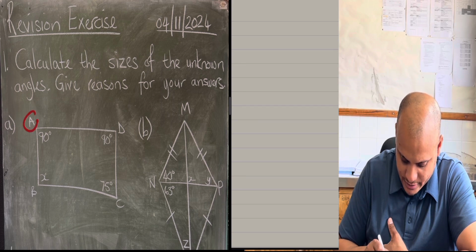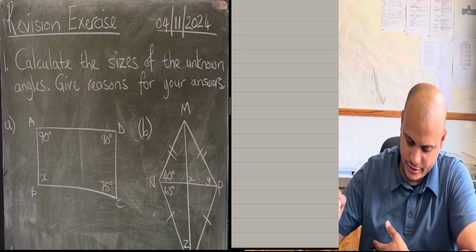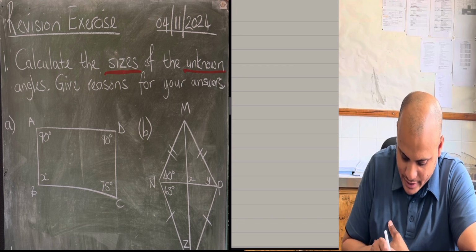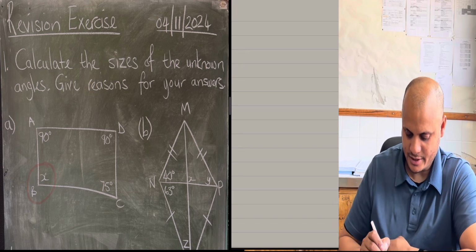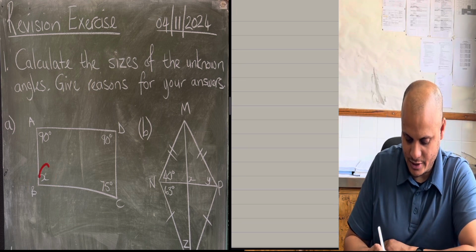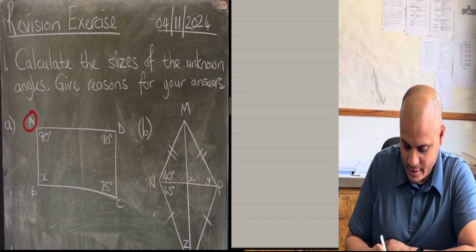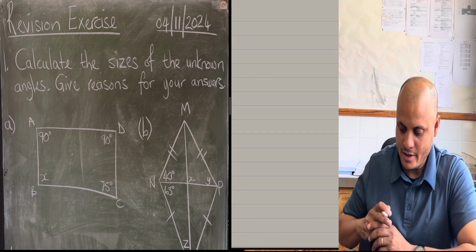It is quadrilateral A, B, C, D. And we are asked to calculate the sizes of the unknown angles. In other words, in this case for 1a, the unknown angle would be over here, that is angle B, and angle B of course is labeled as x, in other words it's unknown. The other angles: A is 90, D is 90, C is 75, and of course B is unknown.